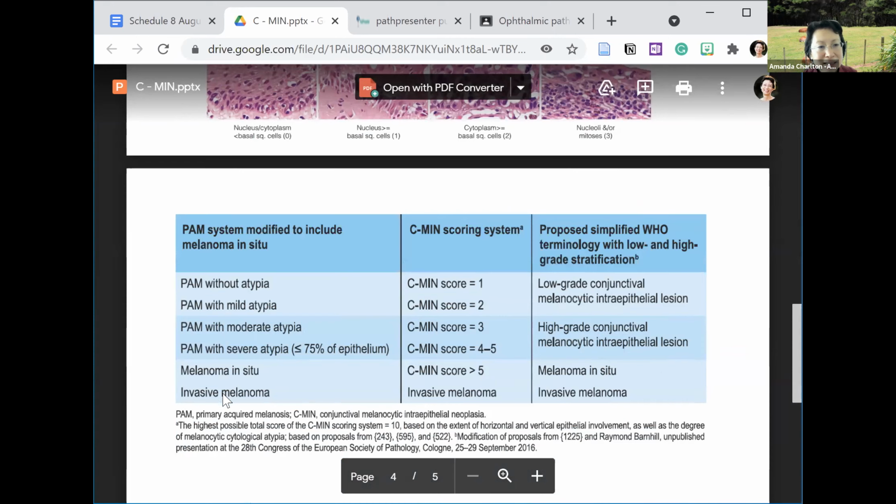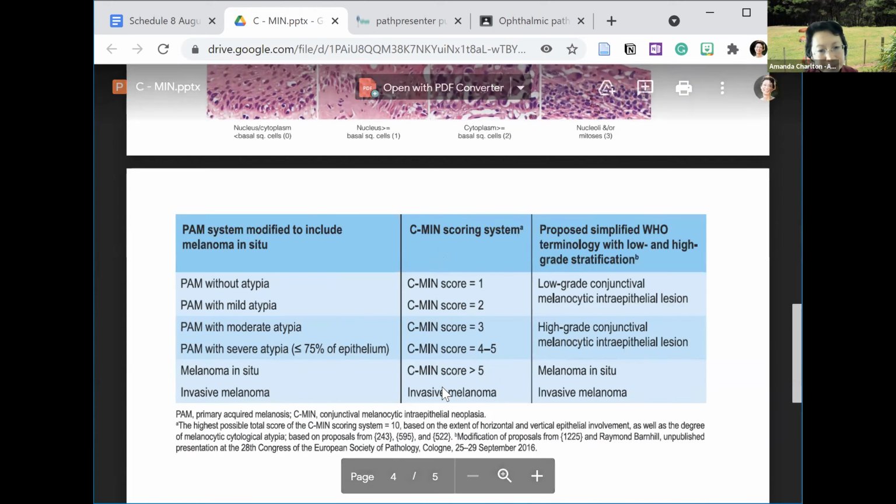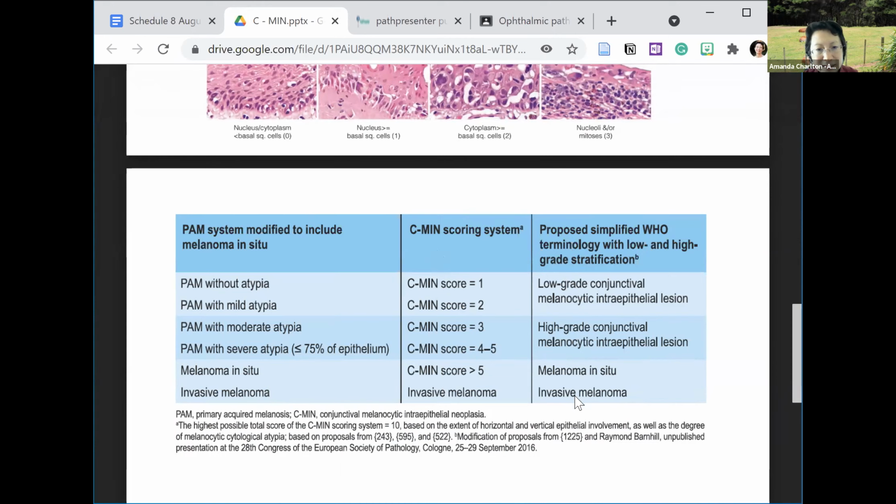This is the PAM system: without atypia, mild atypia, moderate atypia, severe atypia, melanoma in situ, invasive melanoma. Here we have a C-min score. And then this is the new proposed classification, but you can see how we go all the way from low grade to melanoma in situ to invasive melanoma.